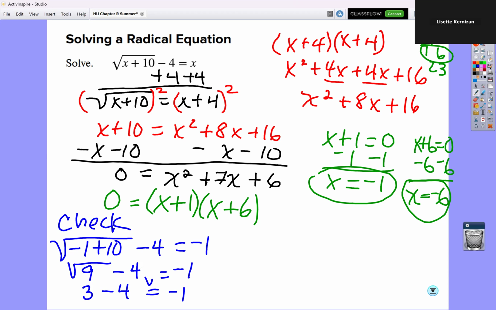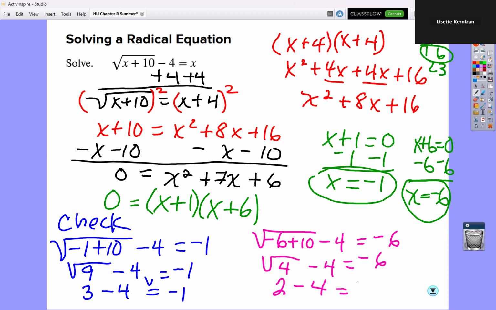Now I'm going to do the same thing for negative 6 and make sure that one works. So square root of negative 6 plus 10 minus 4 equals negative 6. Negative 6 plus 10 gives me the square root of 4 minus 4 equals negative 6. Square root of 4 is 2. 2 minus 4 does not equal negative 6.